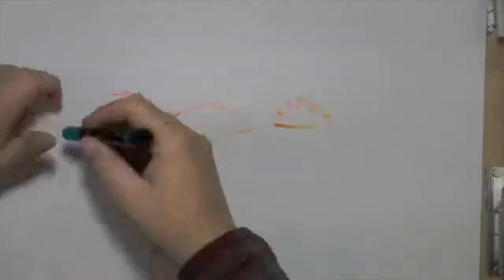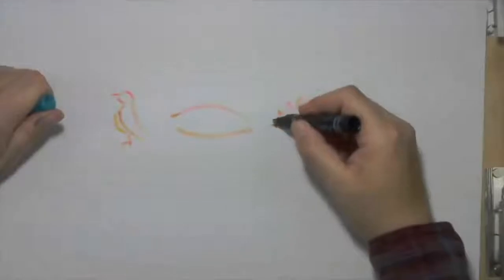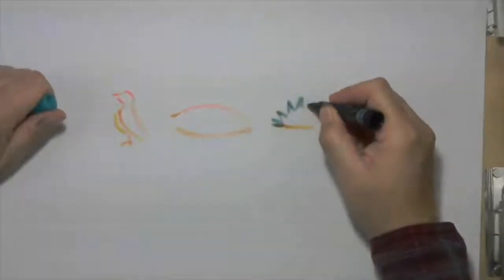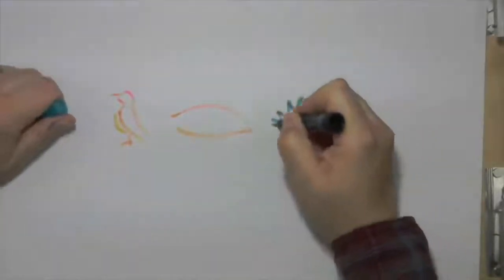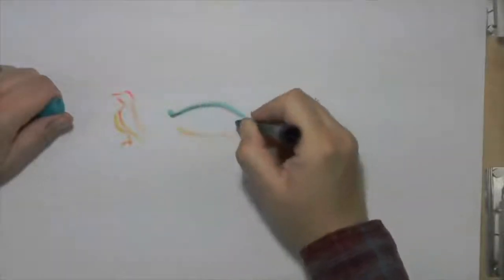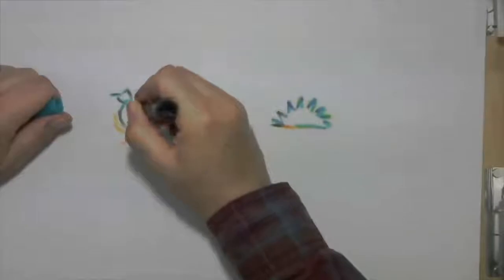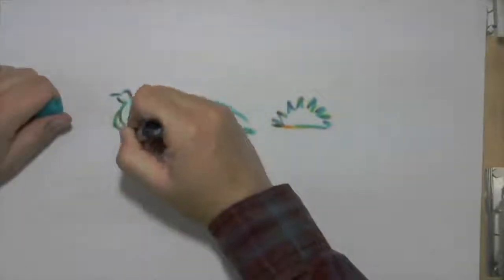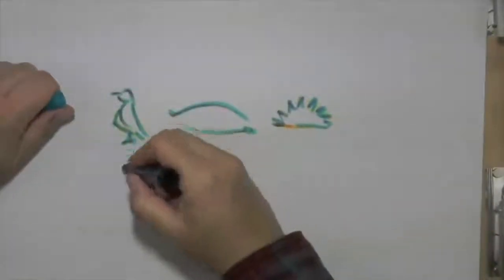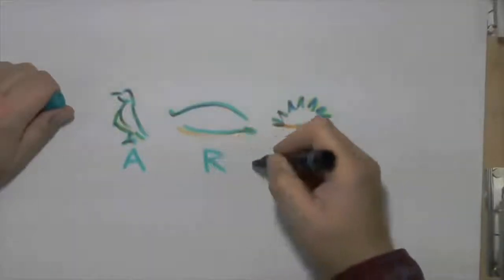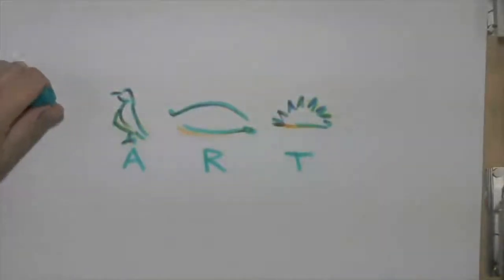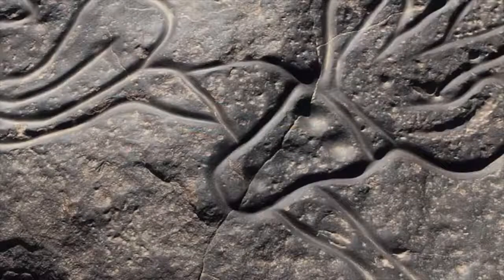But to the early Egyptians, these were actually very significant markings, and through these symbols, the Egyptians were able to communicate much as we do today through words. And in fact, each one of these symbols represented a letter. A, R, T, art.